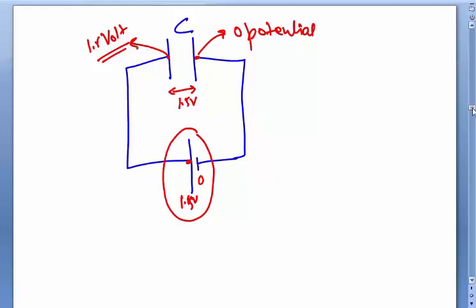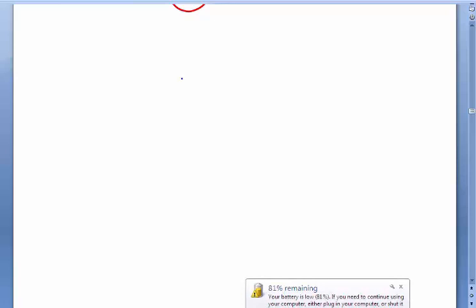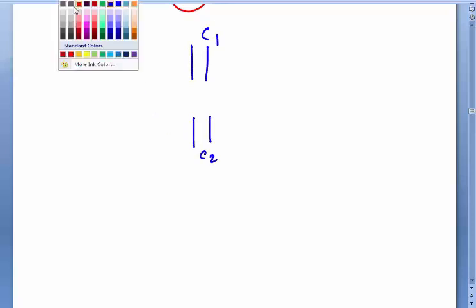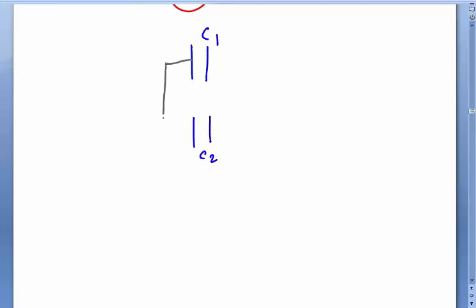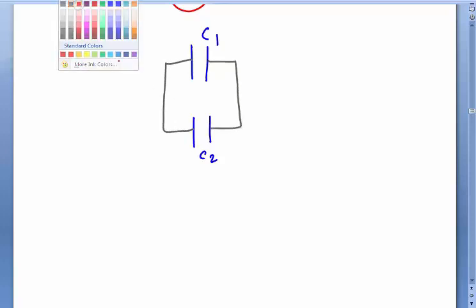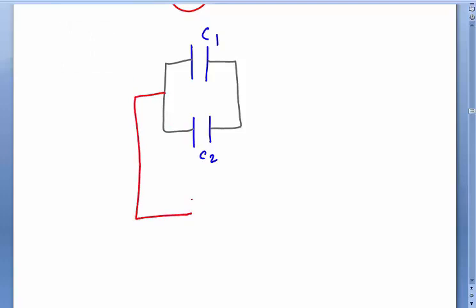Now if we connect two capacitors in such a way that, suppose this is one capacitor C1 and this is another capacitor C2, and these two are connected this way, and again this is connected to the battery.